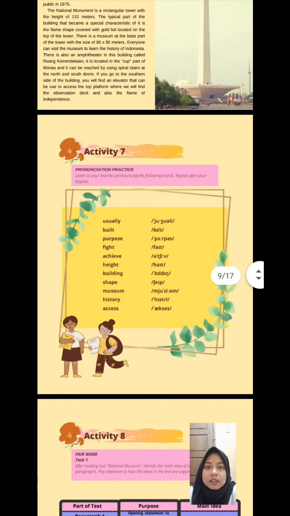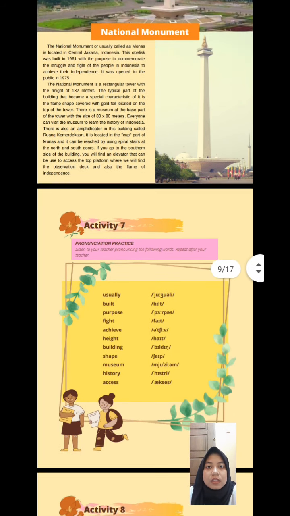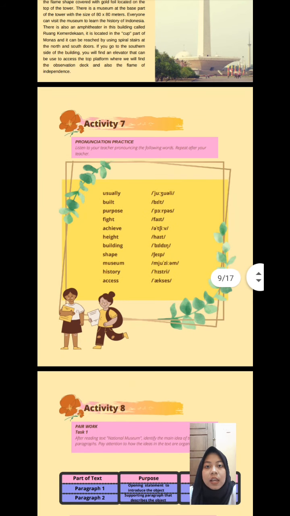After reading this text, students should do activity 7. It is a pronunciation practice. The teacher pronounces these words, and then students repeat after the teacher.